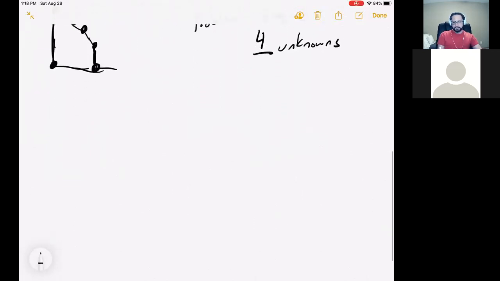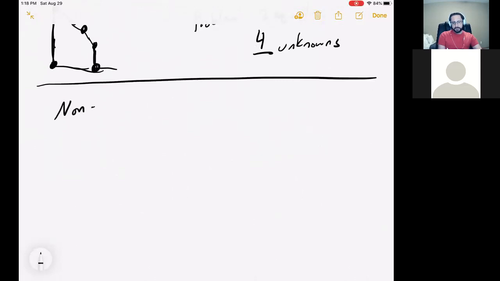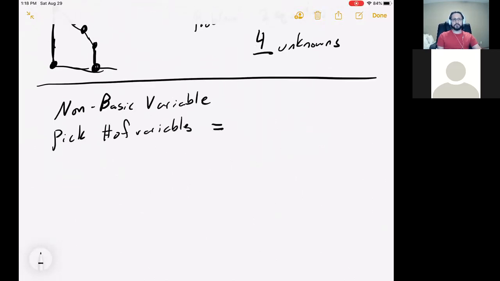The technique is the technique of the non-basic variable. And it's so easy. Pick a number of variables and set them equal to 0 so that the system becomes solvable.